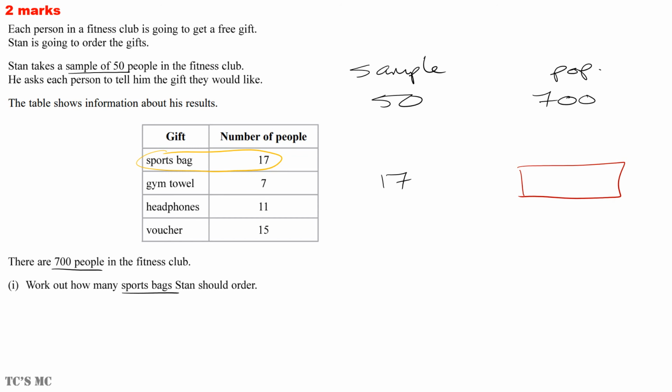If we go from 50 to 700, we need to multiply by 14. Do the same over here. Now we have 1 mark. The answer is 238, and now we have 2 marks. Remember, a clear method and then the answer.